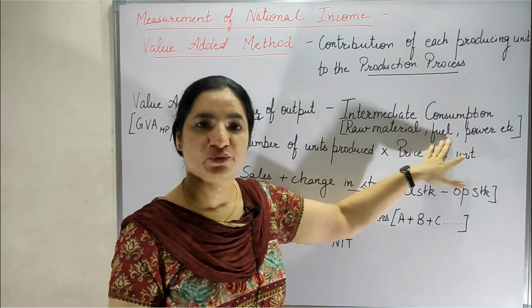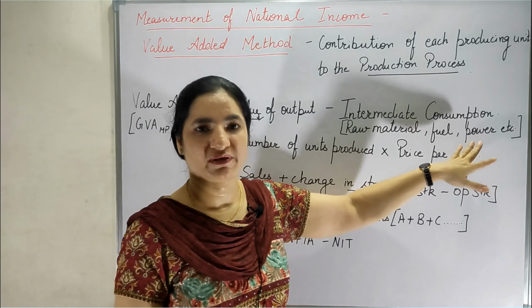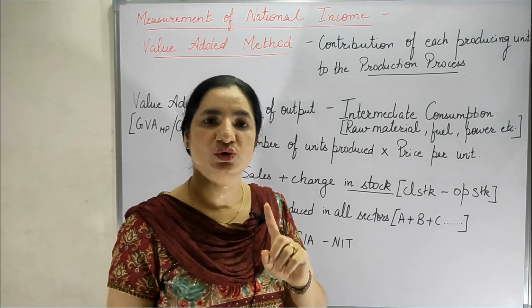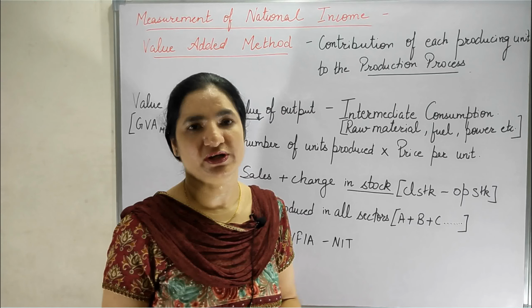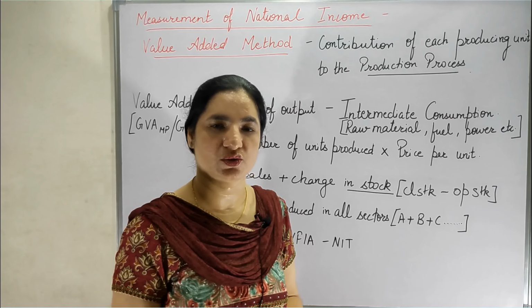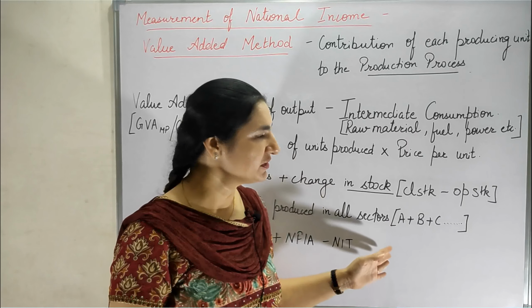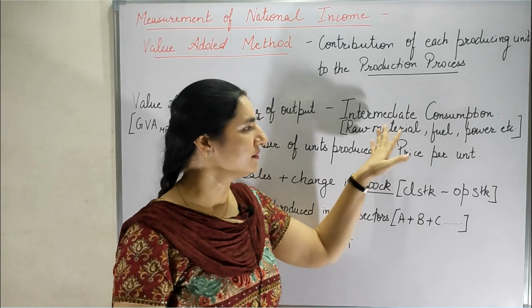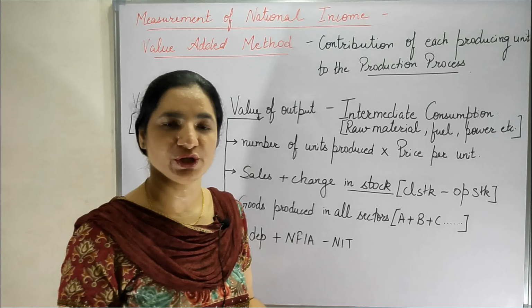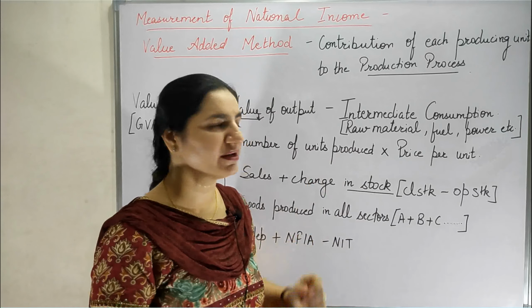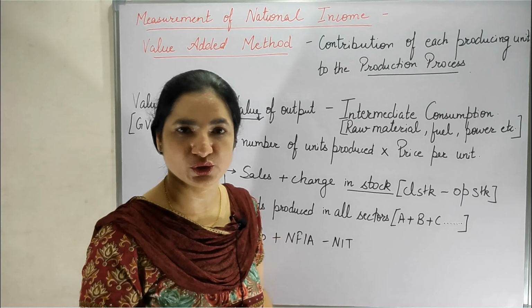We have to add fuel, power, etc. if given, which will be utilized only once, as we have cleared the concept of intermediate goods and final goods in the previous chapters. So, I think this should be very clear to you. If not, then also watch the video related to intermediate consumption, that is intermediate goods.